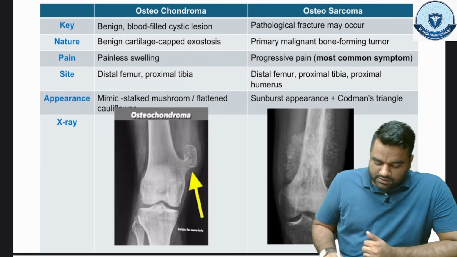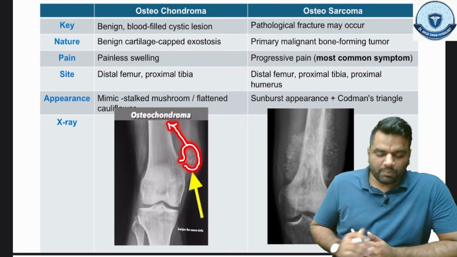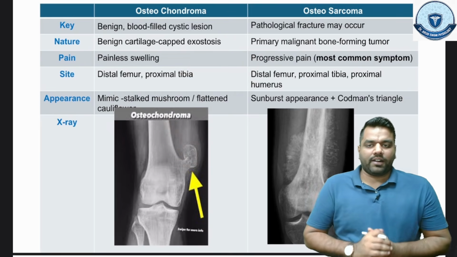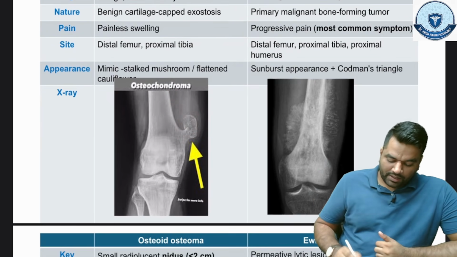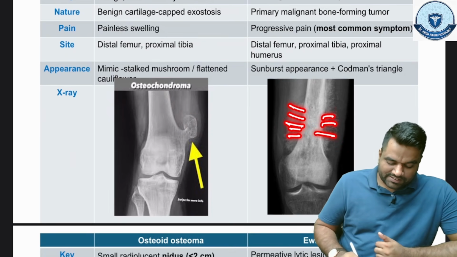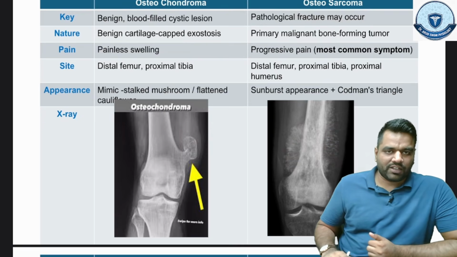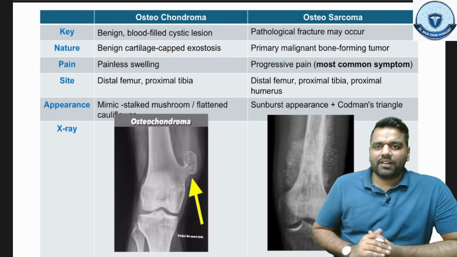So there is extra overgrowth, we call this osteochondroma, right? And if you see a sun ray or sunburst appearance here, guys, this is your osteosarcoma, right?